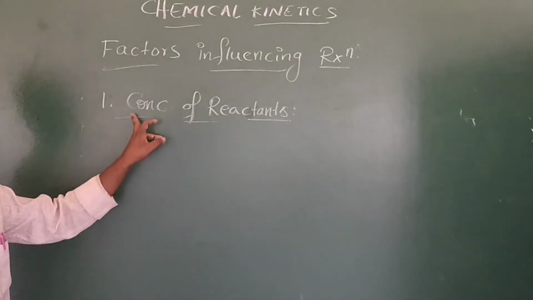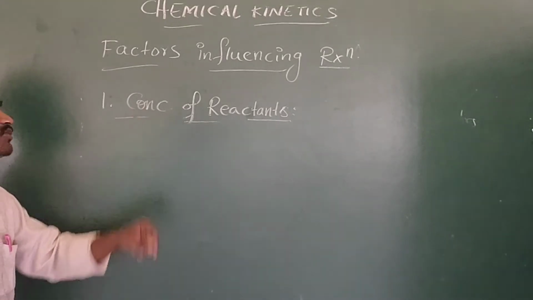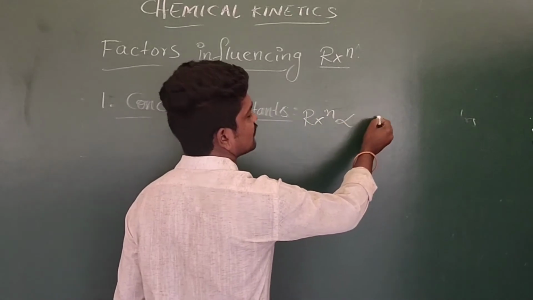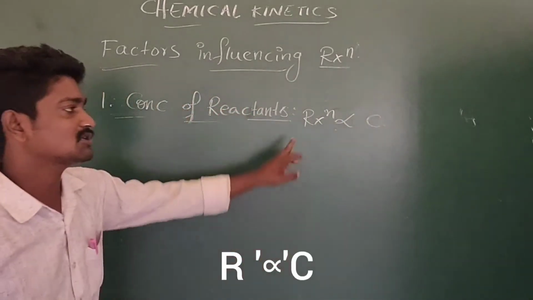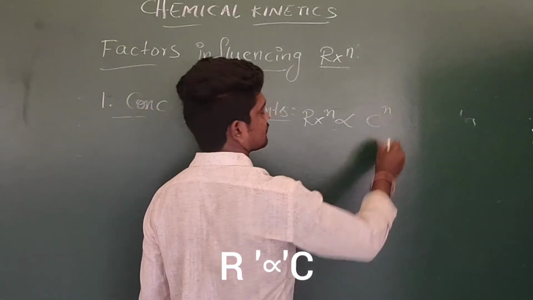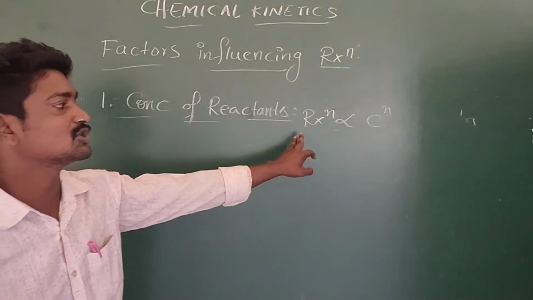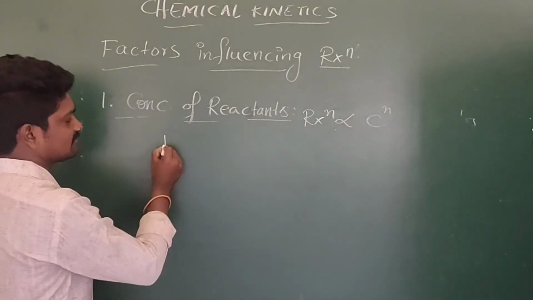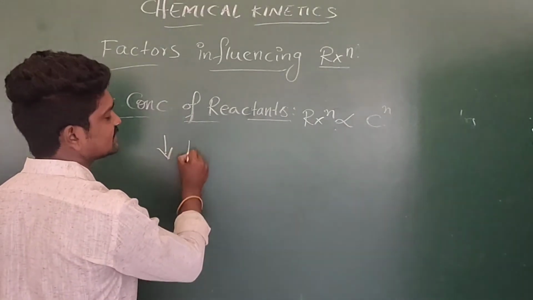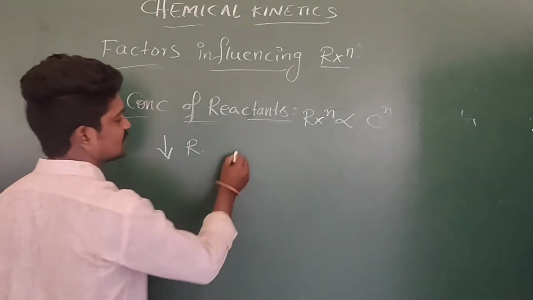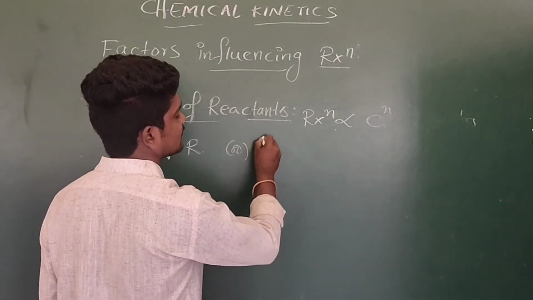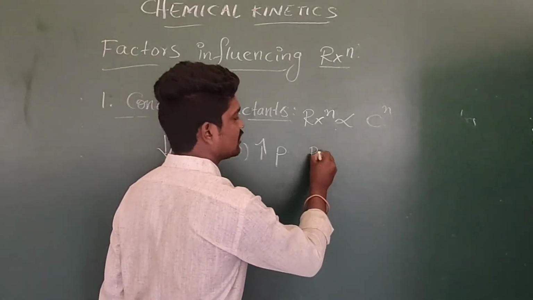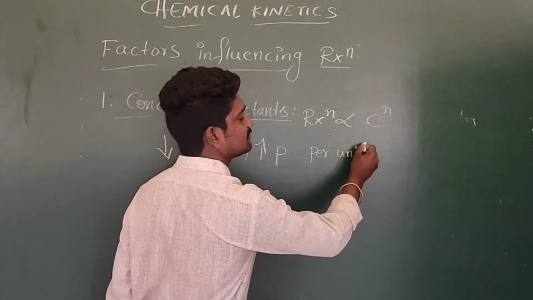The rate of reaction is always proportional to concentration. Why? Because if there is a decrease in reactants, there will be an increase on the product side per unit time.